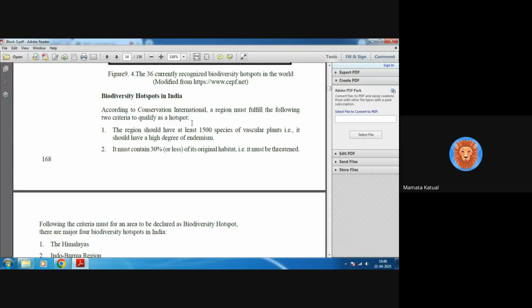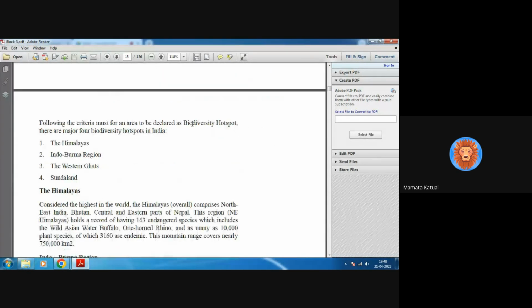Already we have studied this. So according to these two criteria, there are four hotspots in India. One is Himalayas, then Indo-Burma region, the Western Ghats, then Sundaland.